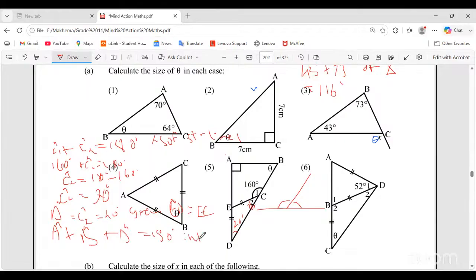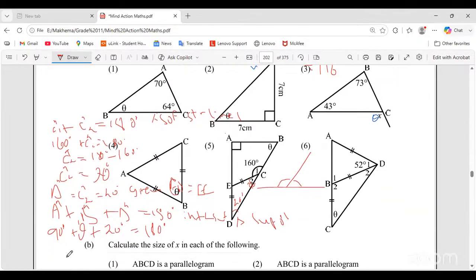Why? Interior angles of a triangle are supplementary. What is the size of angle A? It is 90 degrees. And then B is the theta that we are looking for, and D is that 20 that we just found, is equal to 180 degrees.